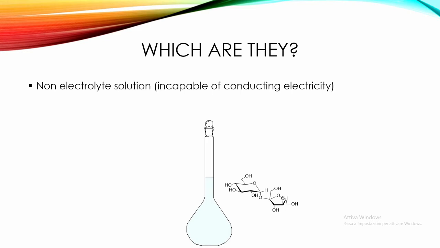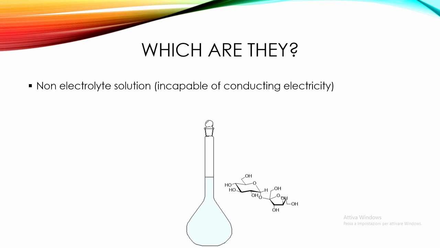However, when you dissolve sucrose in water, all these molecules will interact with water, and so they will be solubilized and they won't have interaction anymore with another molecule of sucrose, but they will have interaction with water this time.